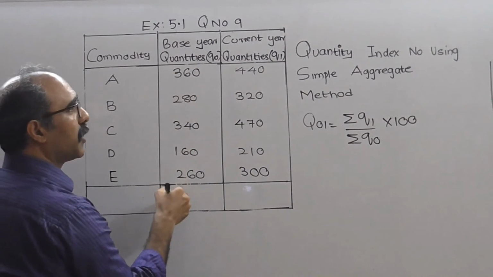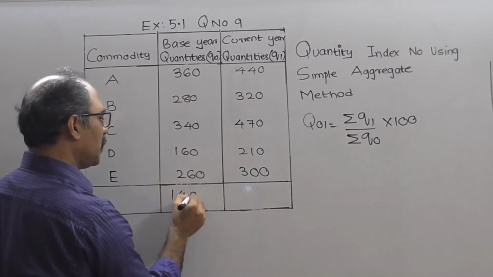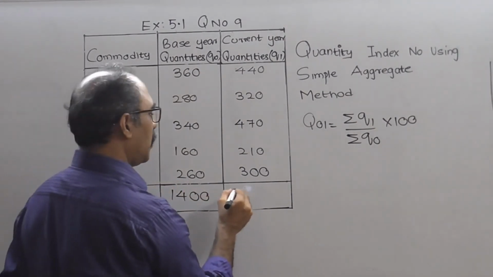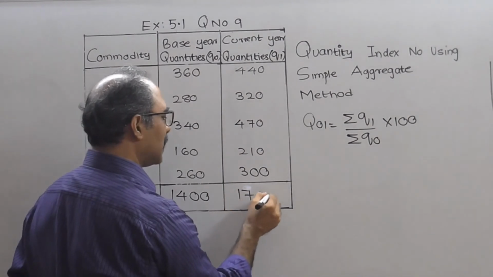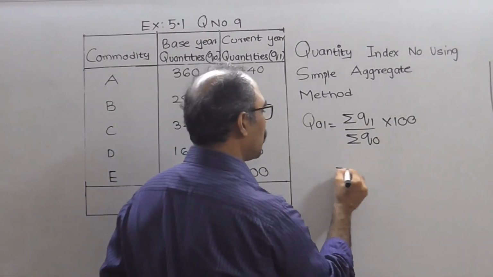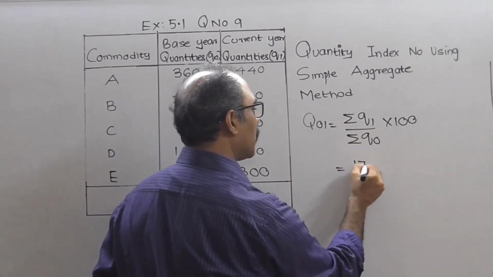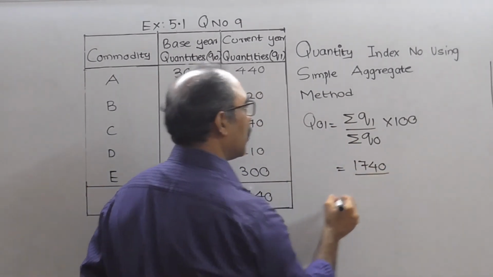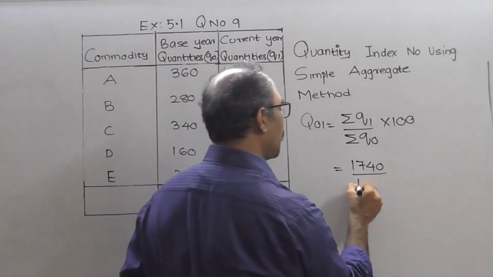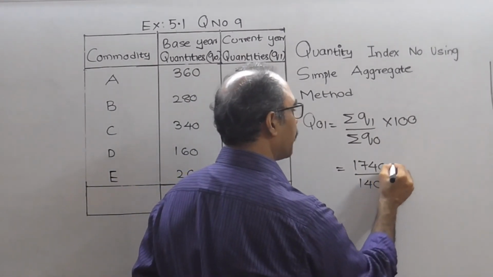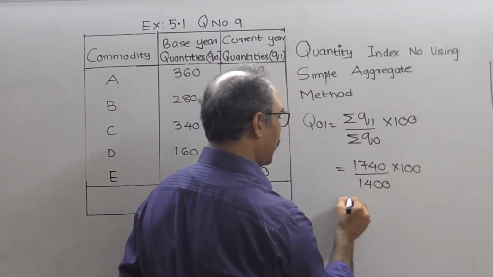Now you have to total up Q0 column. Total of Q0 column is 1400. Total of Q1 column 1740. Substitute the values in the formula. 1740 will be sigma Q1, sigma Q0 1400 multiplied by 100.